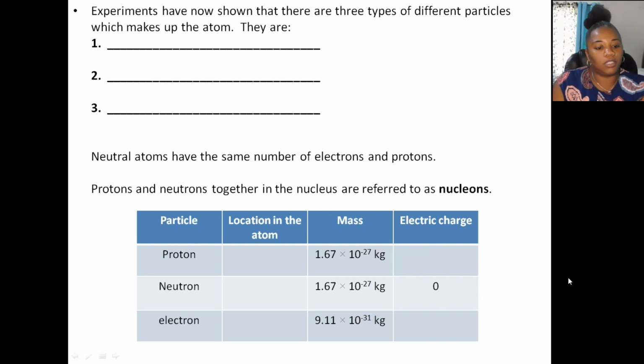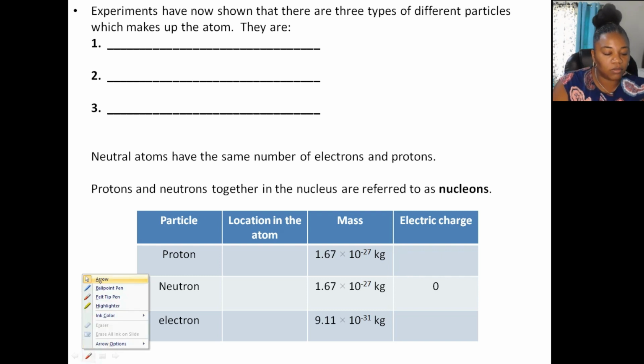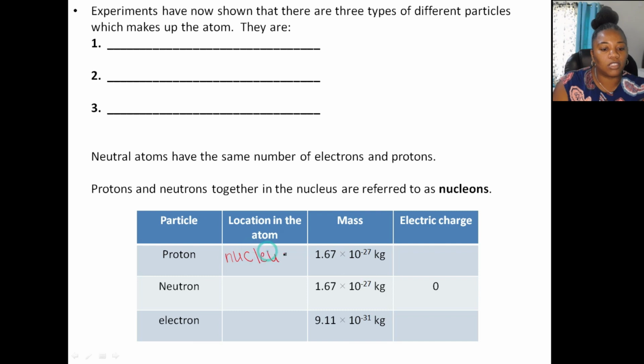Now, I have a little table here with the proton, neutron, and electron, and we want to know the location of them. So, let's write it in. Now the proton, the location in the atom would be the nucleus. Correct. And the electric charge of the proton would be +1.